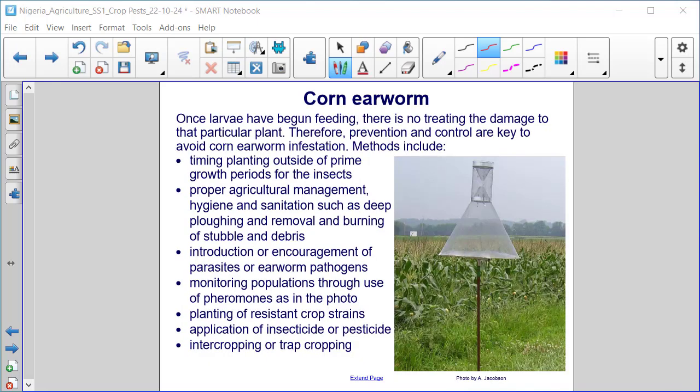Once larvae have begun feeding, there's no treating the damage to that particular plant. Therefore, prevention and control are key to avoid corn earworm infestation.